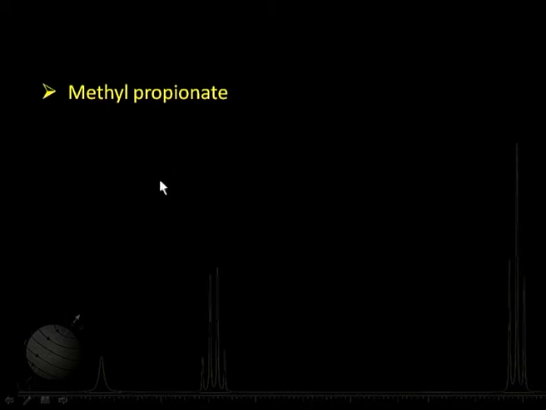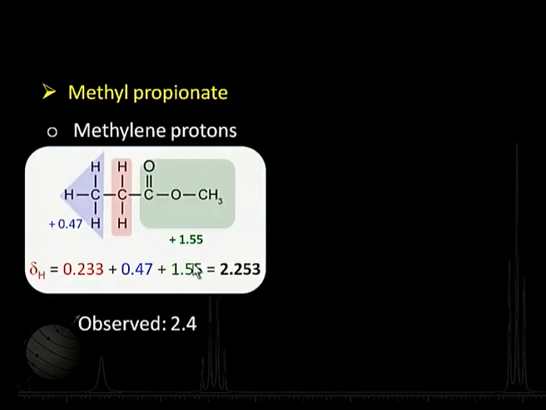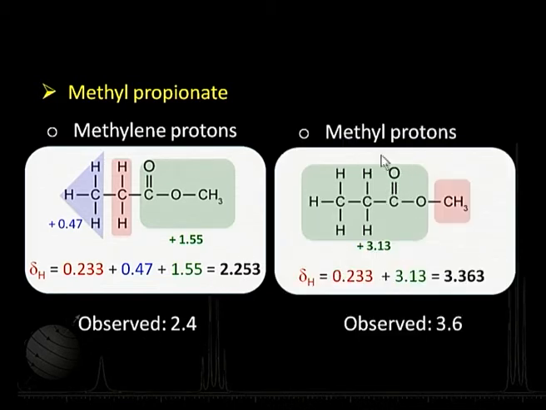Say methyl propionate. In the case of methyl propionate, we do the same exercise all over again. Say for methylene protons, the same process will follow. So, 0.233, 0.47 and 1.55, it adds to 2.25, and the observed value is 2.4. Similarly, we can take up the same molecule and work out the chemical shift position for the methyl protons.